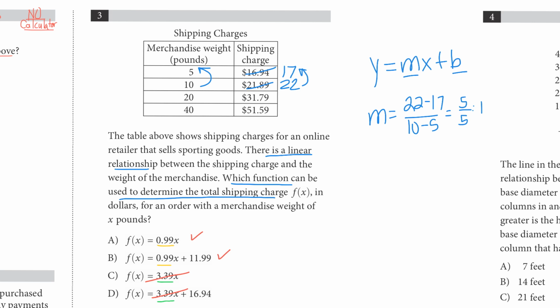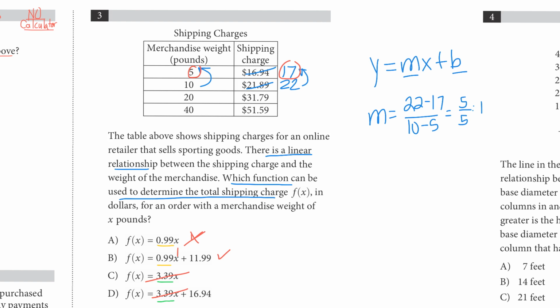So if we take a look at the first line here, where when x is 5, y is 17, it can't be this first one, but it could be the second one. If this is 1, 1 times 0.99 is going to be 1, right? So you're going to have 1 plus 12. We're going to have 13.